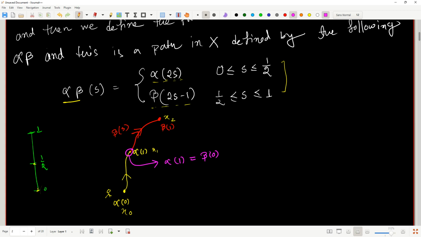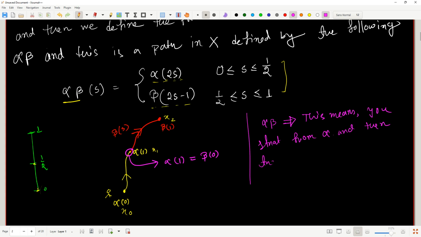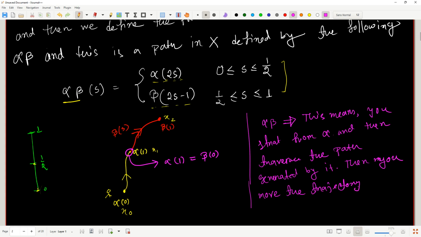So what does this product really mean? This alpha beta means you start from alpha and then traverse the path generated by it, then you move on to the trajectory that is governed by beta.